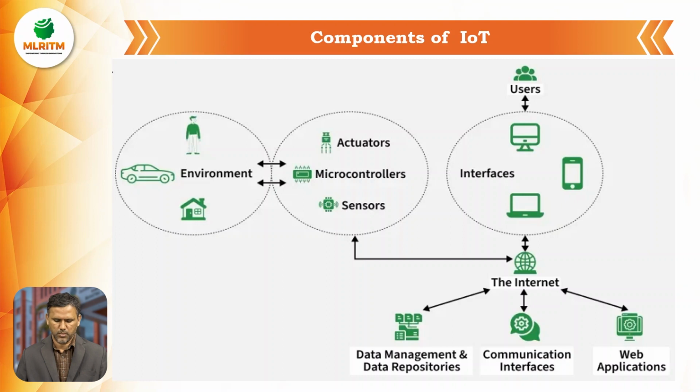From the environment, data is collected by the sensors, and actuators convert these logical data into physical data, and microcontrollers are used for processing. Next, the internet of things, data management systems, communication interfacing, and web applications are there, and it is also given to some interfaces for the users like mobile service systems or computers.